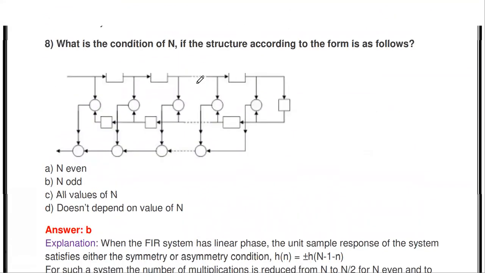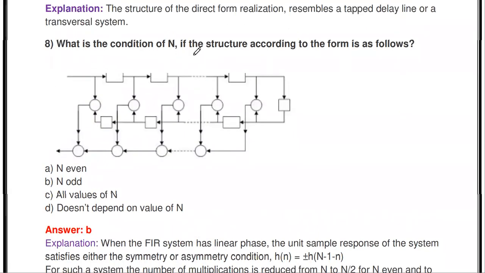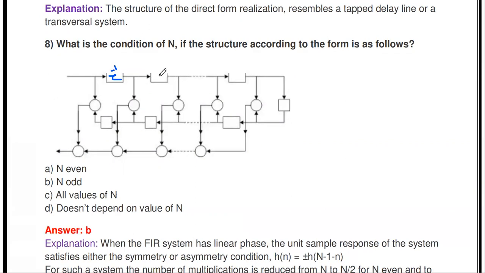Then the next one: what is the condition of N if the structure is as shown below? Here this rectangle box is a Z inverse block, a delay element. Similarly, this is also Z inverse.